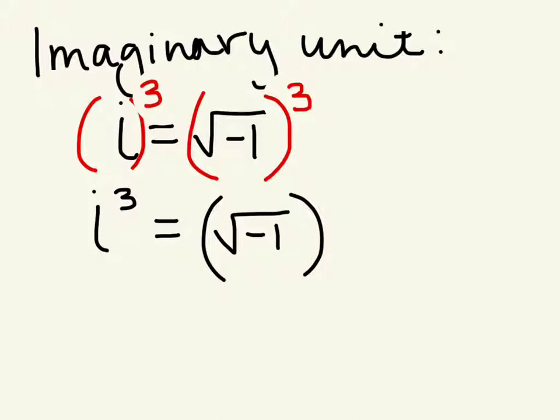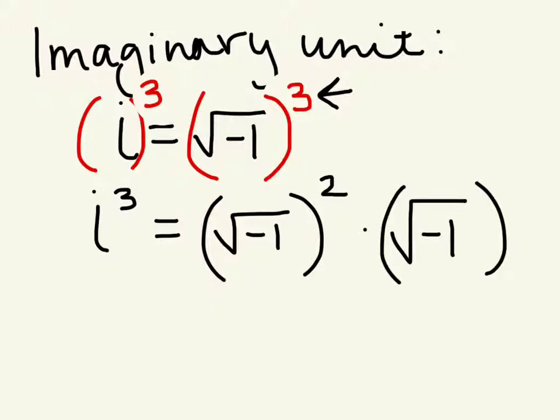Instead of raised to the 3, I'm going to separate it into the exponent of a 2 times the square root of -1 raised to the 1. Again, this is an exponent property. When you're multiplying like bases, you can add the exponents. So I'm separating my square root of -1 raised to the third power into a factor of the square root of -1 raised to the 2 and the square root of -1 raised to the 1.